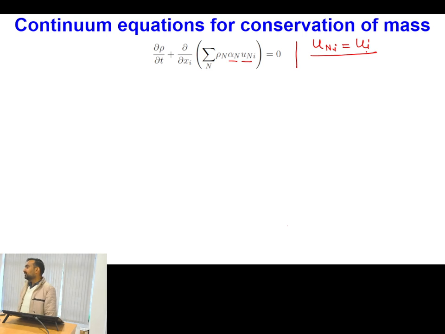So I am assuming that all the phases are moving at constant velocity, and that velocity in the ith direction is equal to ui. Is this point clear?